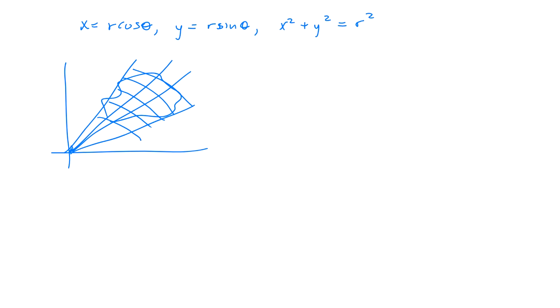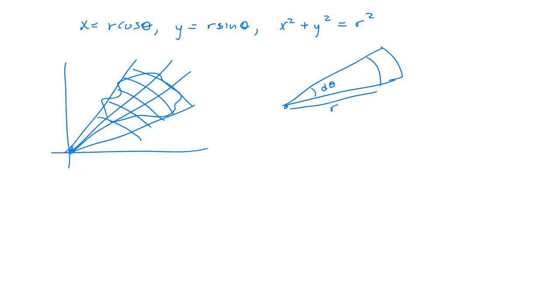Let me bring this over. I have this. I have a little arc. Assume it's perfect. I'm going to have a little change in theta. I'll say d theta. Might want to really call it delta theta, but that's okay. Here is the original r.